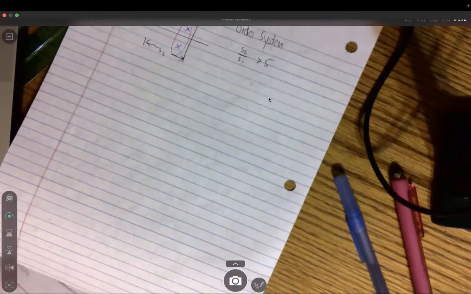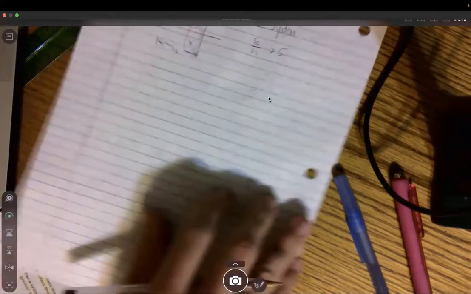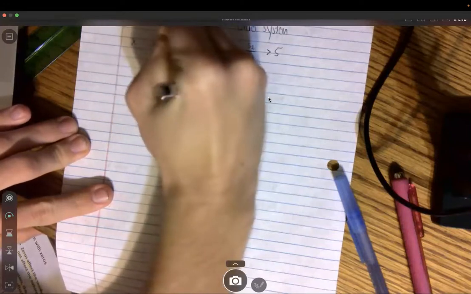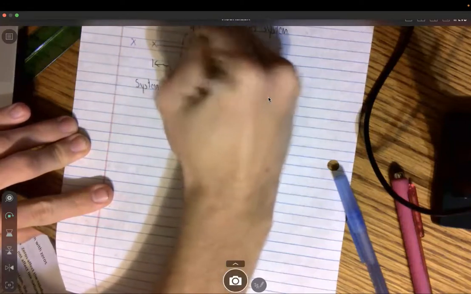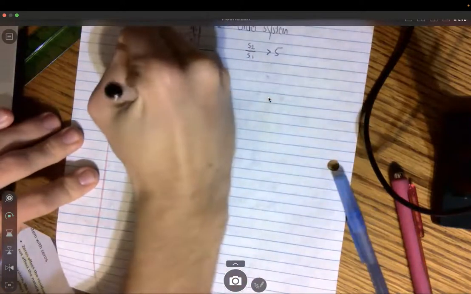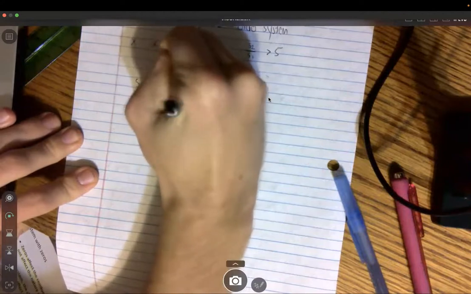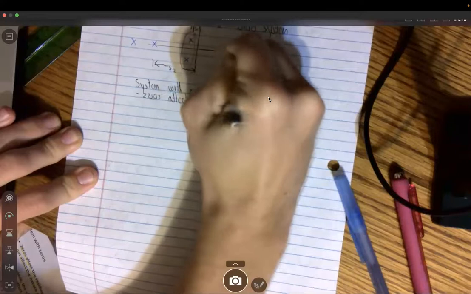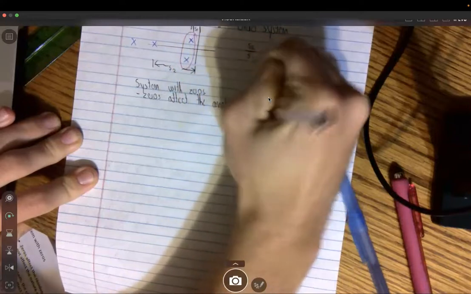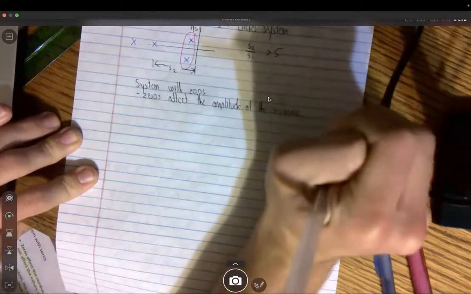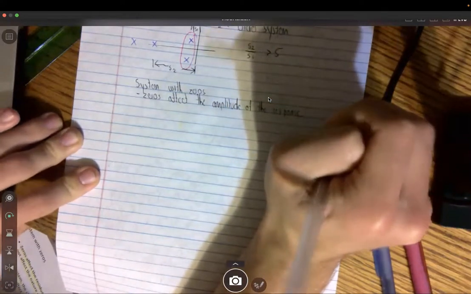And now when you have a system with zeros, so this is a system with zeros, zeros affect the amplitude of the response, but not the nature of the response.